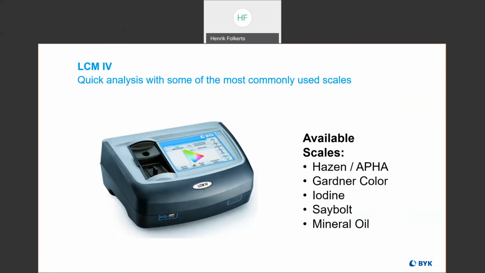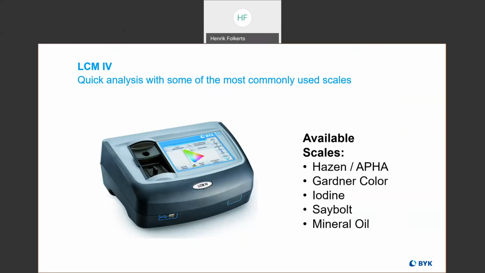But then we also have instrumental color measurement for transparent liquids. Keep in mind this is only for transparent liquids, not for solid color or opaque liquids. But you can use, for example, the LCM4 instrument to evaluate Gardner color instrumentally, along with a few other scales: Hazen and APHA, iodine, Saybolt, mineral oil.